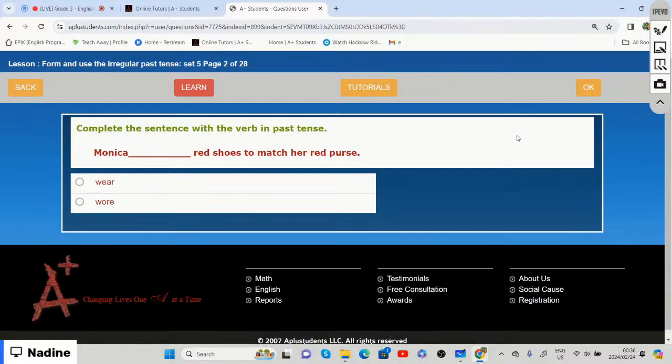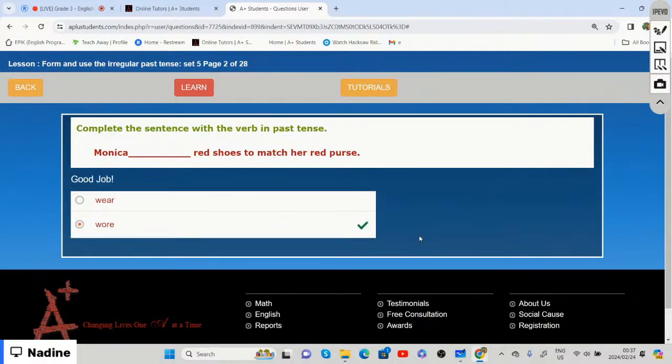All right, so now we'll say Monica in the past tense wore red shoes to match her red purse. And wore is correct.